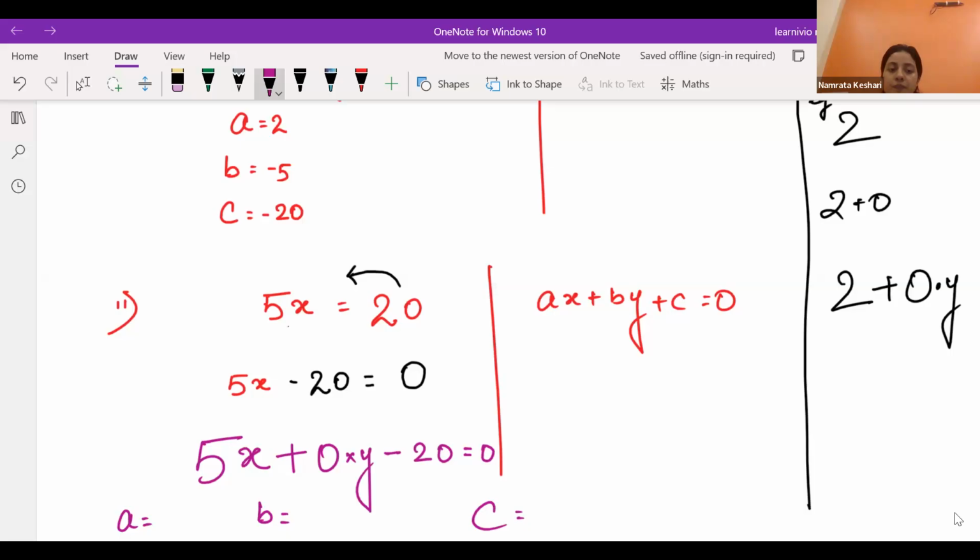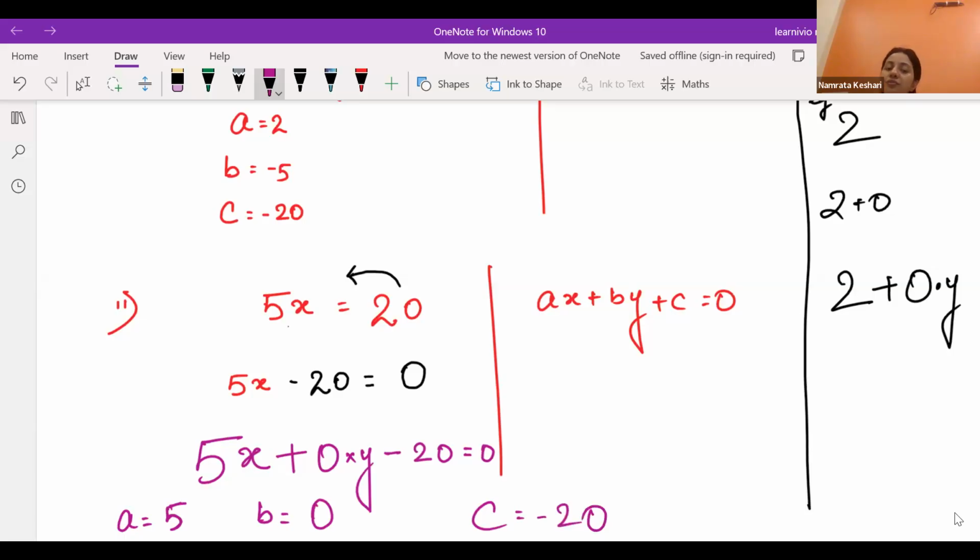A is 5, B is 0, and C is minus 20. Perfect.